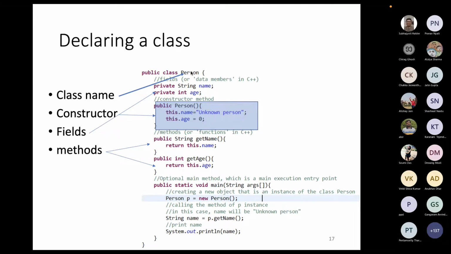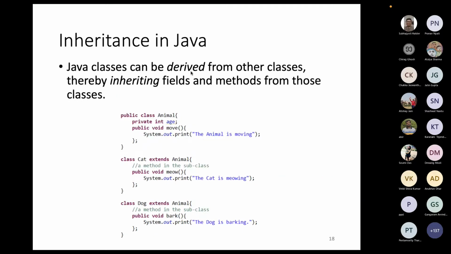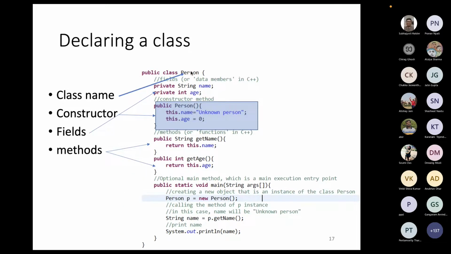Yes, sir. Sir, if we have multiple classes, do we need to write multiple main functions for each? No. You can think of the main function as the entry point to the program. Whichever class has the main function is called the main class. That is the place where execution of the program will start.